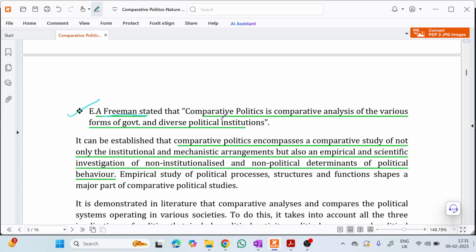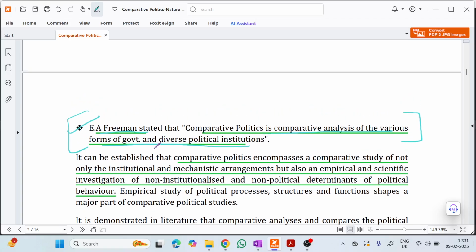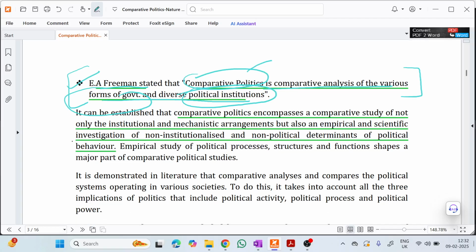E.F. Freeman stated that comparative politics is the comparative analysis of various forms of government and diverse political institutions. So here the key terms are the same: comparative politics is about the comparison of political systems of different countries, and political system, an umbrella term, encompasses both the formal institutions as well as various informal institutions.